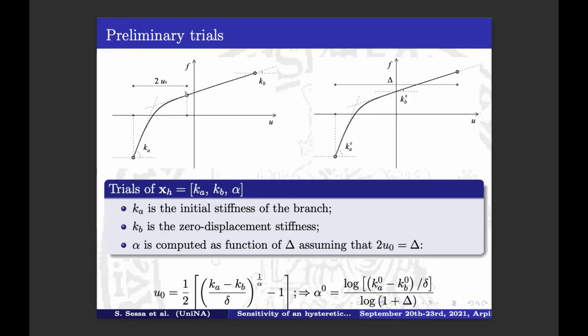Numerically, a good estimate for this quantity is to assume that this displacement interval is equal to the largest amplitude of the branch, so that if we fix that 2u0 is equal to delta, which is this distance, then we can invert this relationship here and get the first estimate of alpha. Of course, this quantity is overestimated, but it provided a good convergence of the algorithm.